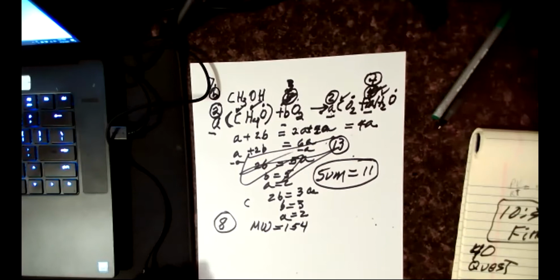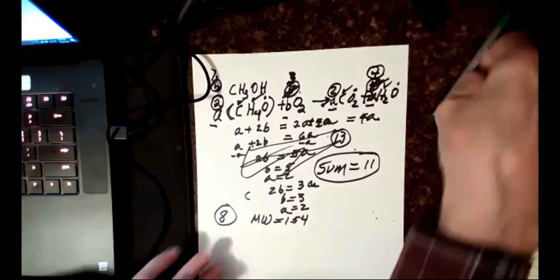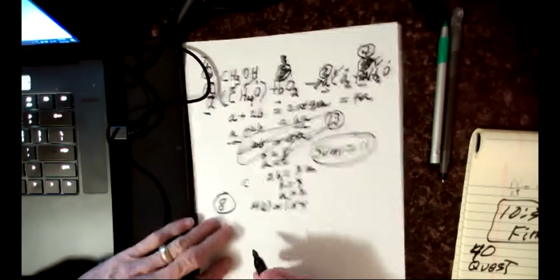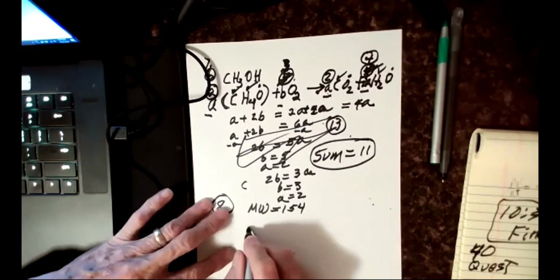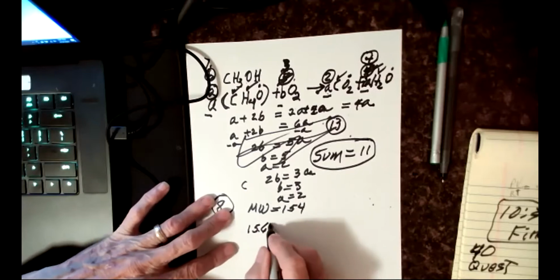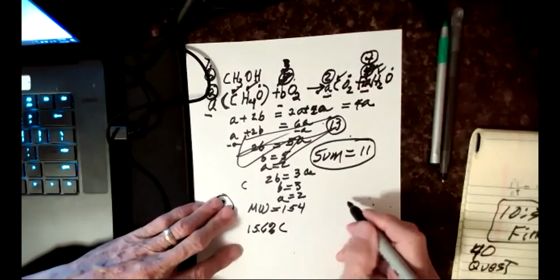Okay, anyhow. Now, if you wanted to go about doing that one from scratch, I can show you how to do it, the way we've been doing. We've got a compound that is 15.6% carbon, and it's got carbon, hydrogen, and oxygen.